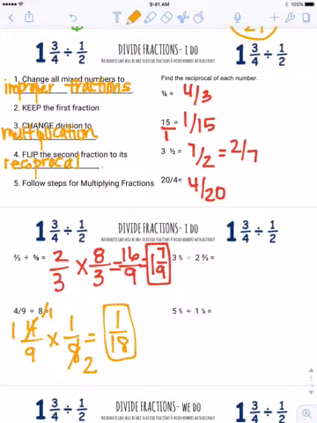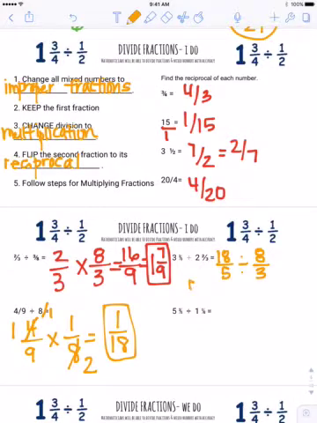These next two have all mixed numbers. So I want to create everything into an improper fraction before I switch anything over. So 3 3/5 is going to change to 18/5 divided by, and 2 2/3 is going to change to 8/3.